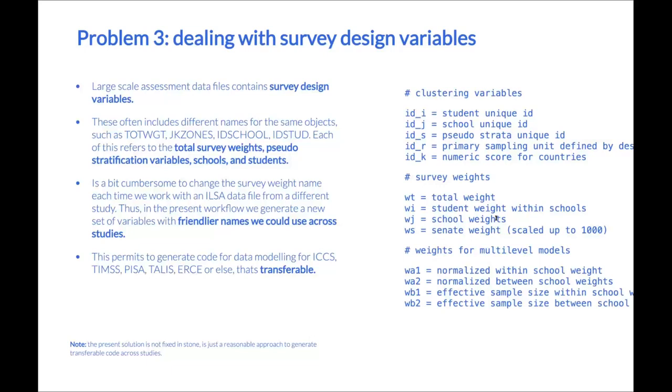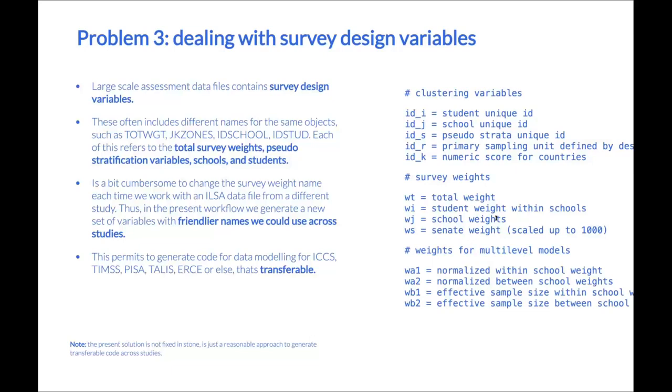In the case of ICCS, this is an easy task because you can go to the technical report, and on a specific page, they're going to tell you what the different components of the survey weights are that you need to use to build up the within school student weights and the between school weights.